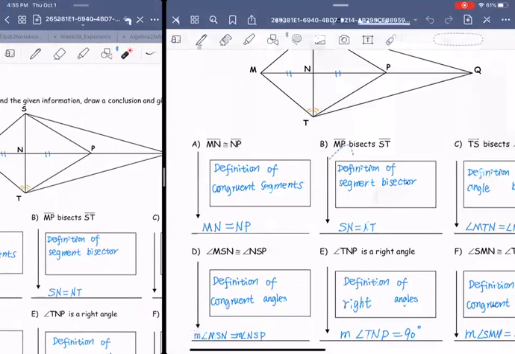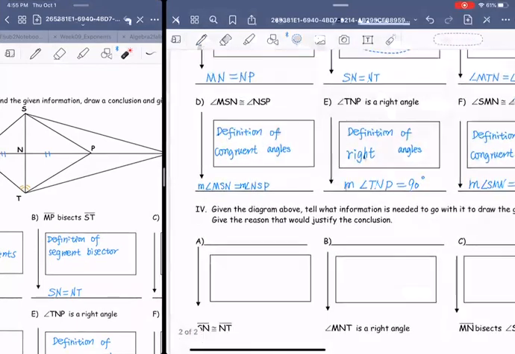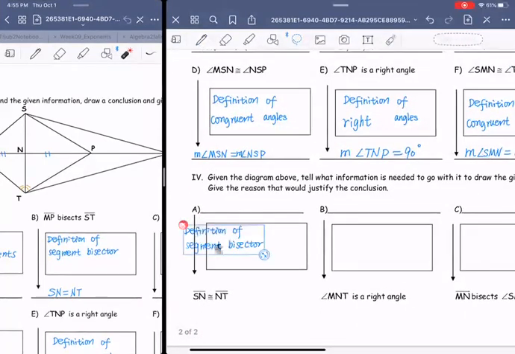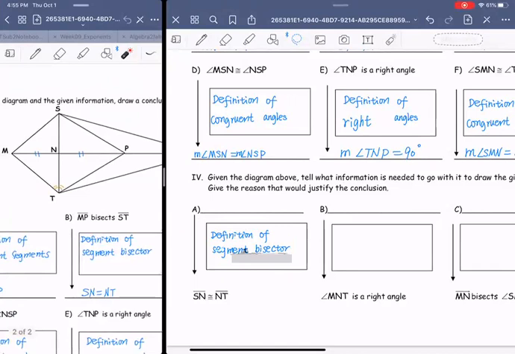I have this too, so I'm just copying and pasting, but you have to write it down. Look at the graph. You want to say SN equals NT. Who bisects who?